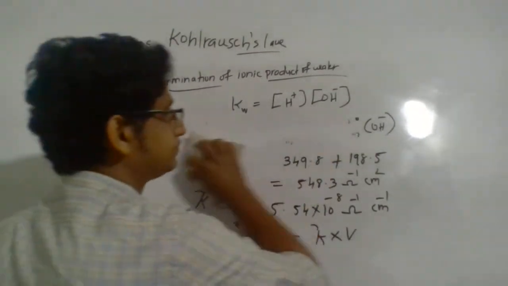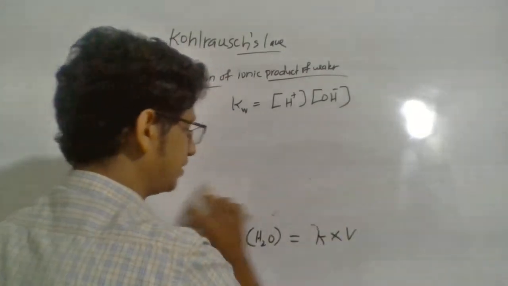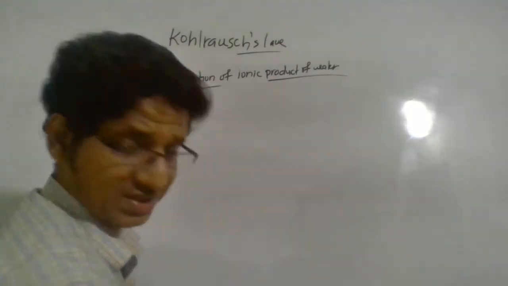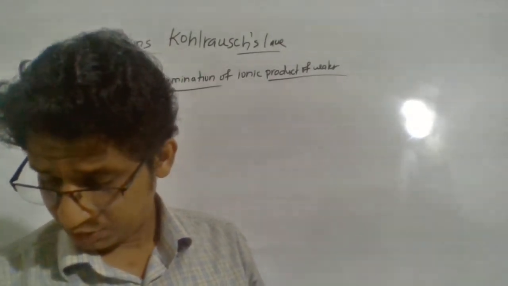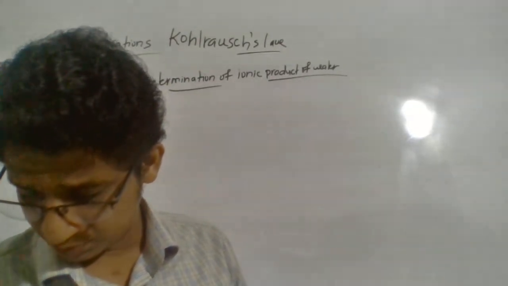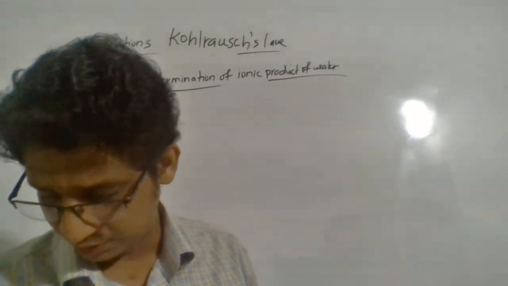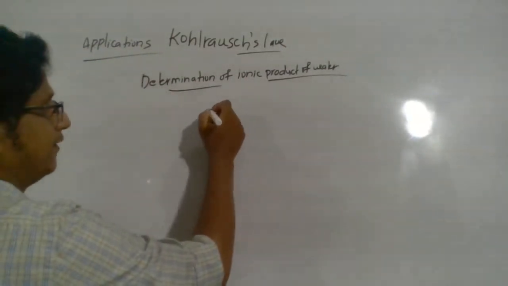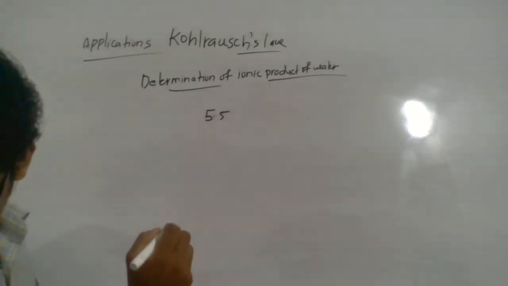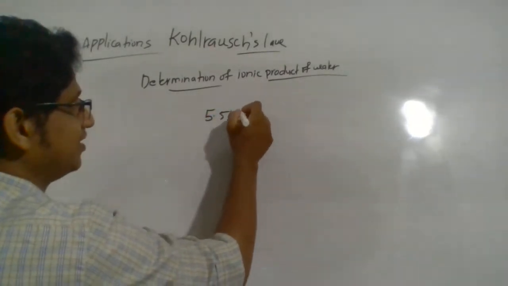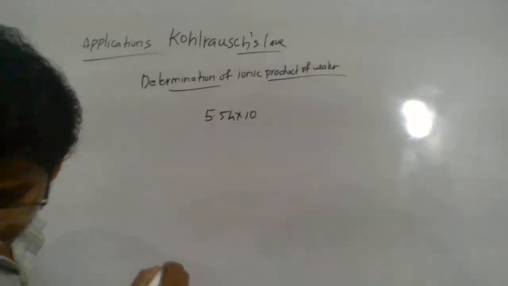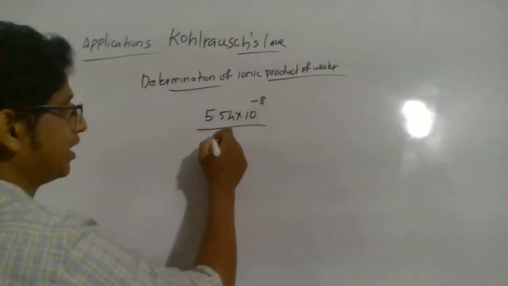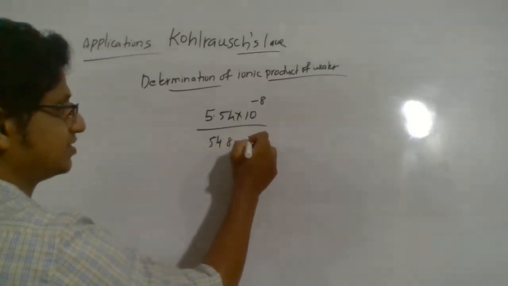Now let us go back to the point of how you can find the concentration of H plus and OH minus. You have the conductivity value and the molar conductivity value, right? So 5.54 into 10 raised to minus 8 divided by 548.3.